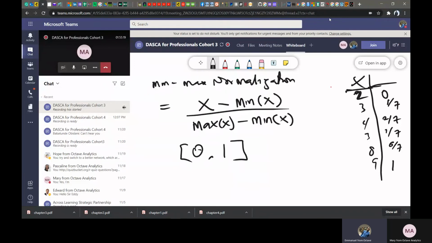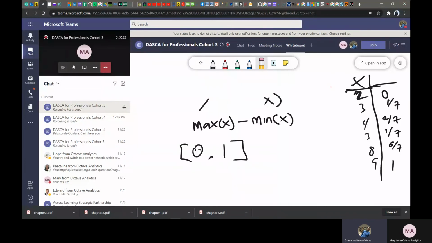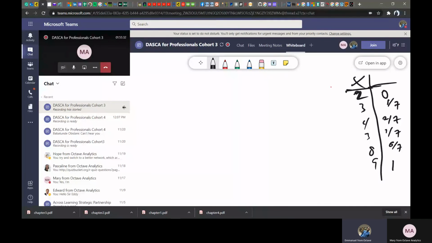So we have also this z-score. The z-score is calculated using the formula z equals x minus the mean of x, over the standard deviation of x.